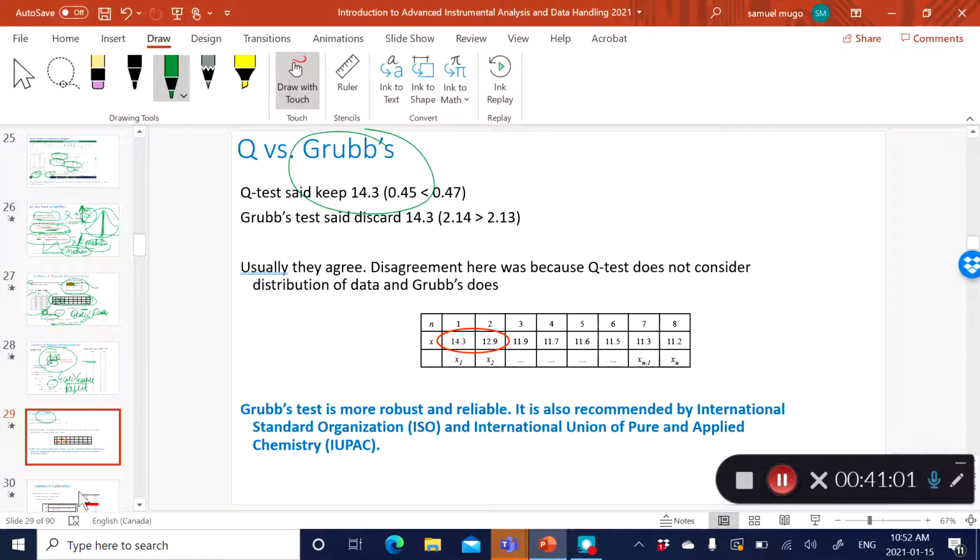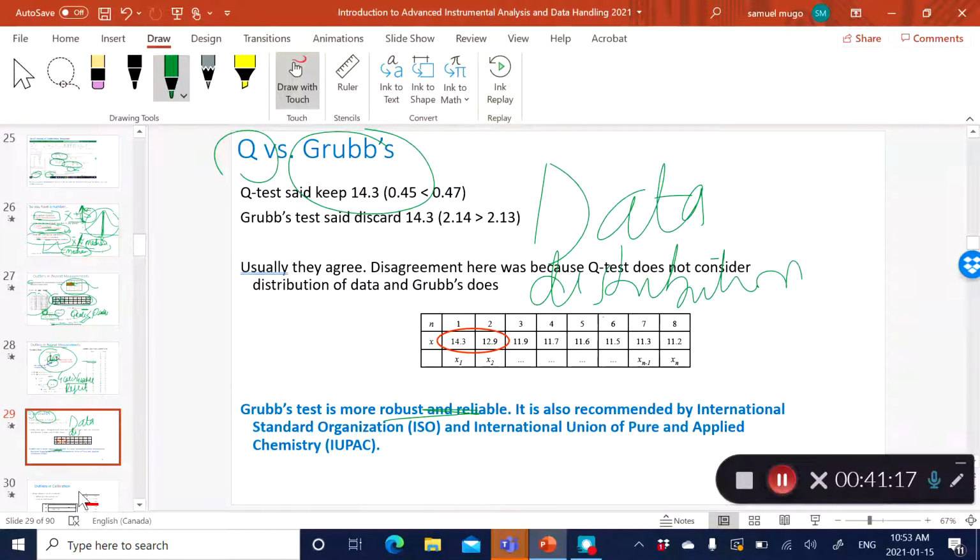The Grubbs test is more robust and more reliable compared to the Q test because it accounts, you can see, for data distribution. So the Grubbs test accounts for data distribution, and that's why it's a lot more reliable compared to the Q test.